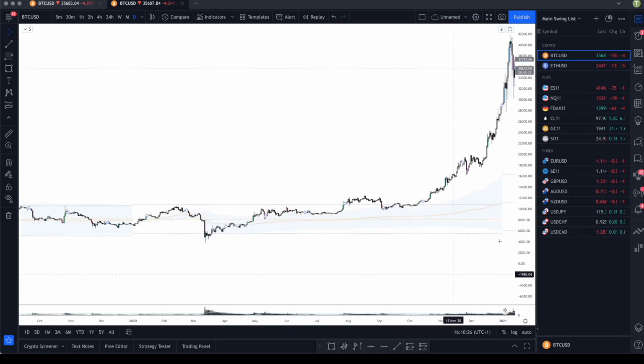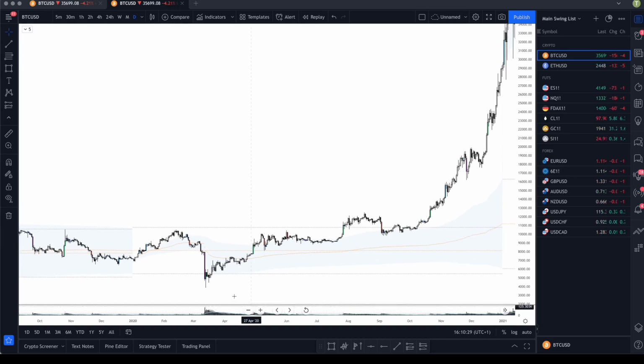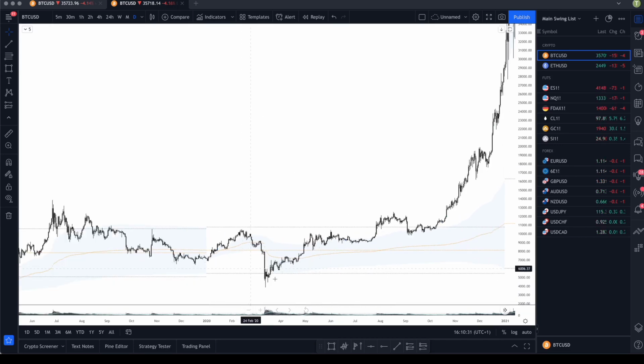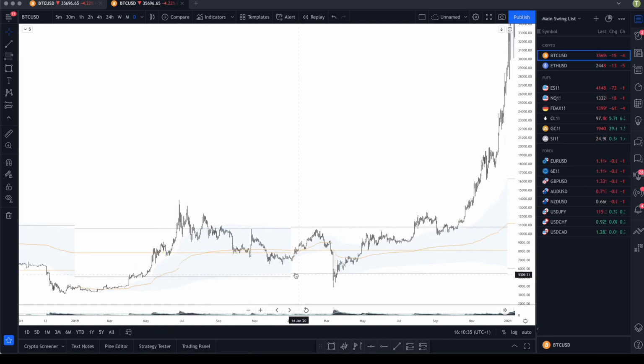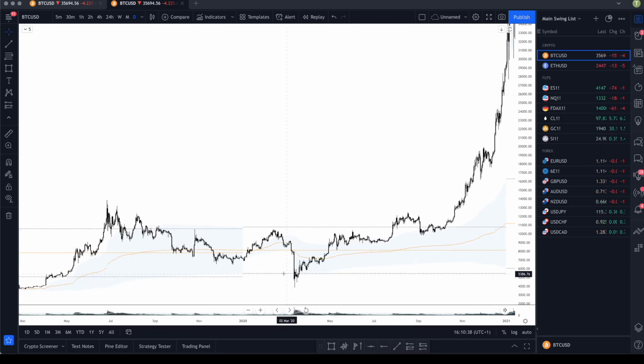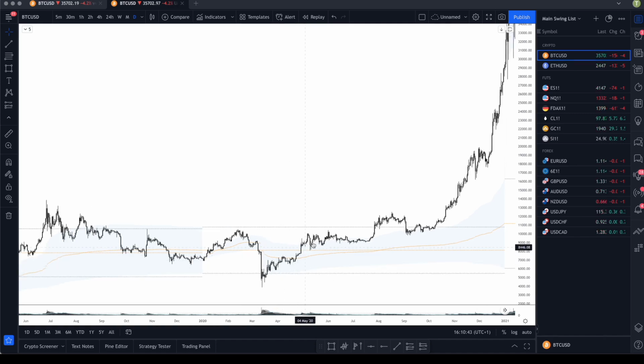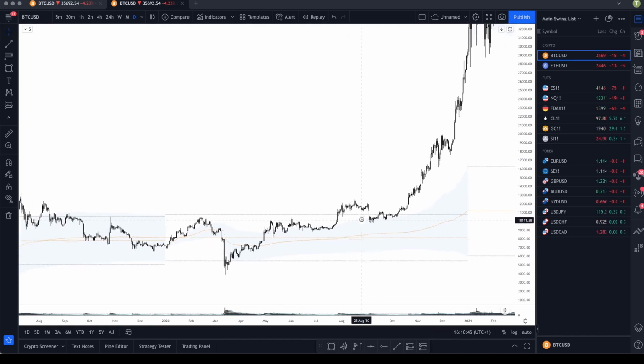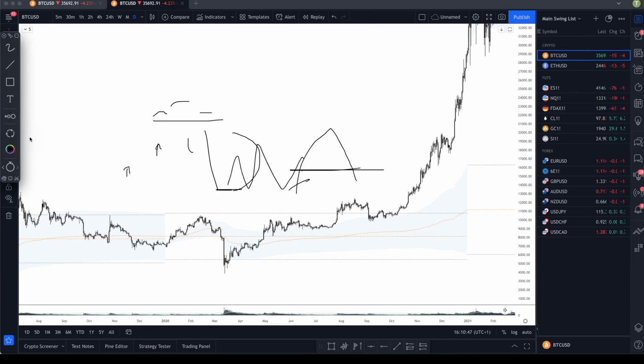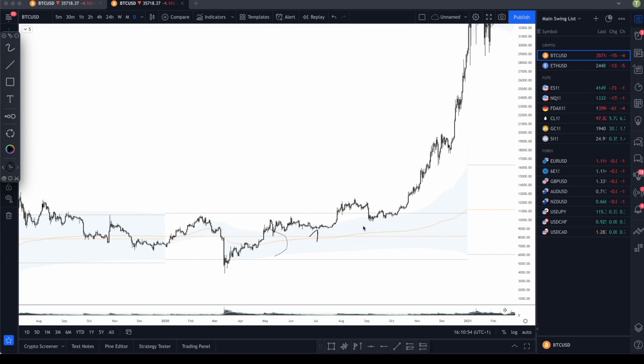If you take a look, Bitcoin in March 2020 flushed down, hit the previous year's value area low. Obviously it overshot it by quite a bit, but eventually stopped there, moved higher, and then once we left this balance, which was once again two standard deviations around the VWAP, you started to trend and held the level quite nicely and moved higher from there.